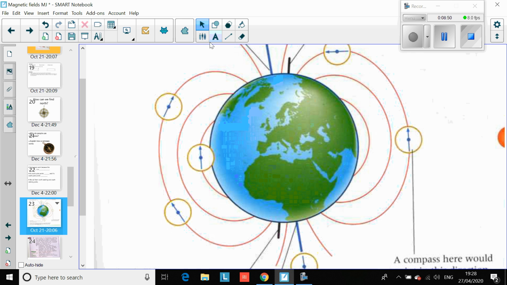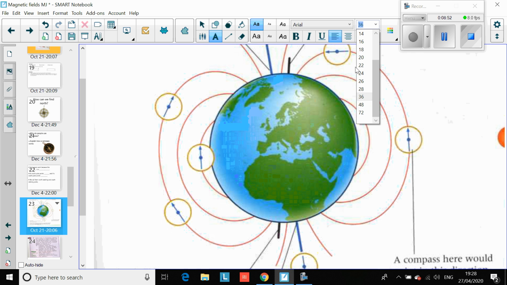So let's just say this compass had a north pole. There's this little compass, it's got a north pole there and a south pole there. The reason it points north is because it's attracted to the North Pole. Now, some of you might have already seen the problem here. If that's a North Pole and it'd be pointing north, that would make this up here the South Pole and that the North Pole.